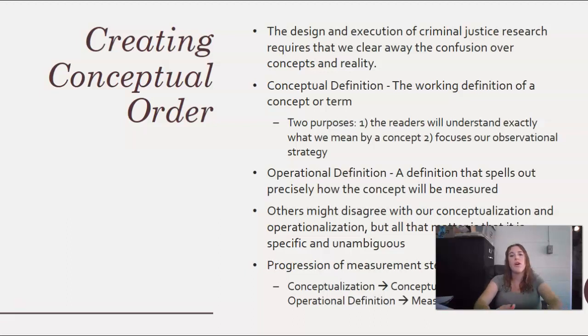For example, our response categories can be something like under 30,000, 31,000 to 50,000, 51,000 to 70,000, 71,000 to 90,000, if we're going to stick with our intervals of 20,000.